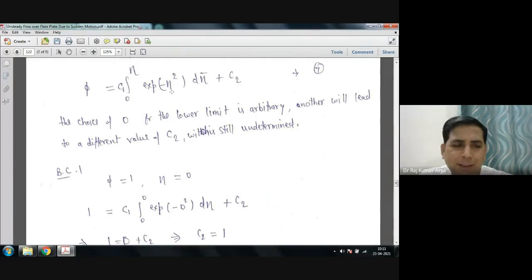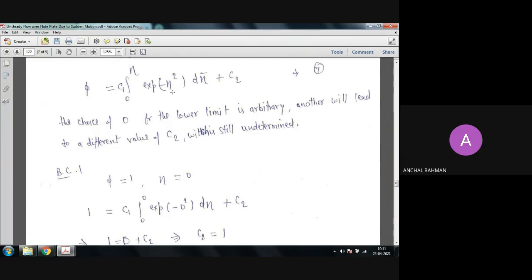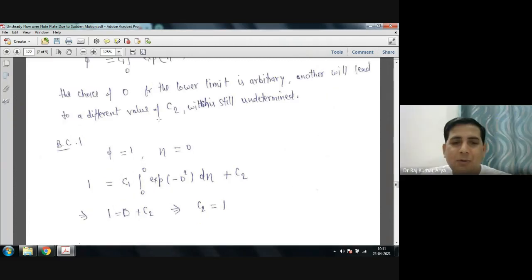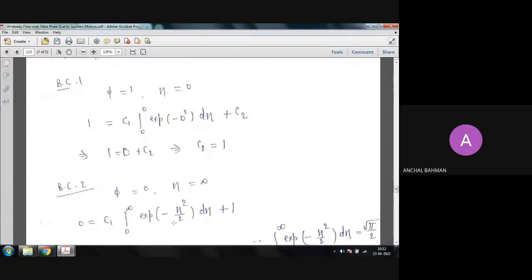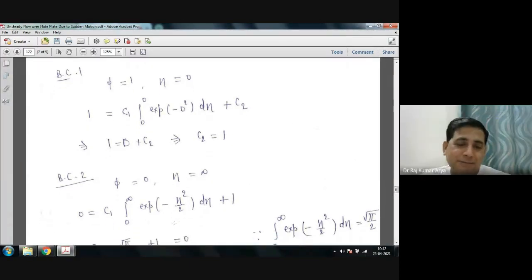Correct or not? Now you might be wondering from where this eta square by 2 has come. So just think about that.